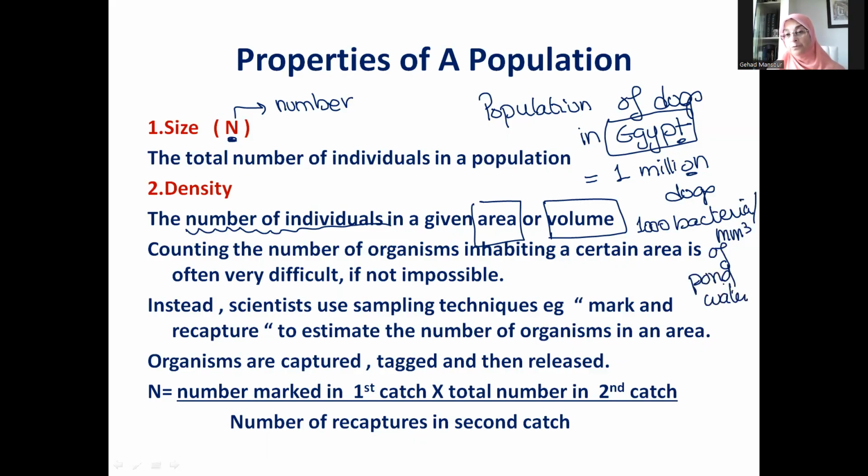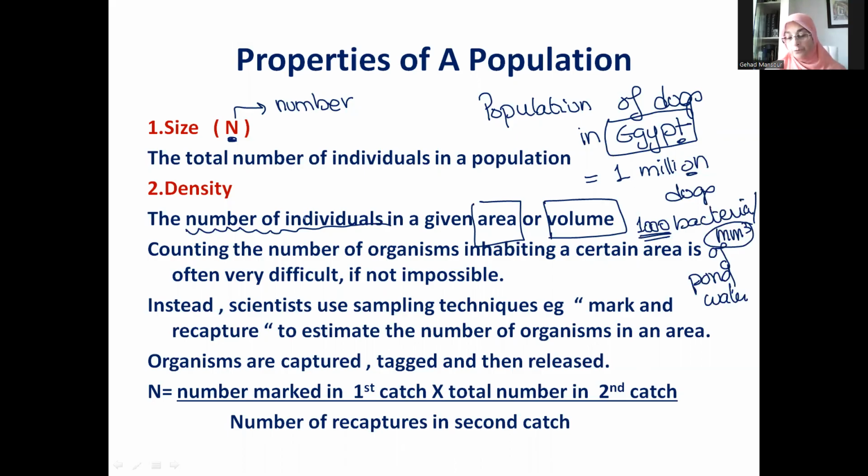So here you not only had you defined the number of bacteria, but you also defined the volume. So the density is the number either per unit area, if you're talking about an area, or per unit volume, if you're talking about a volume.